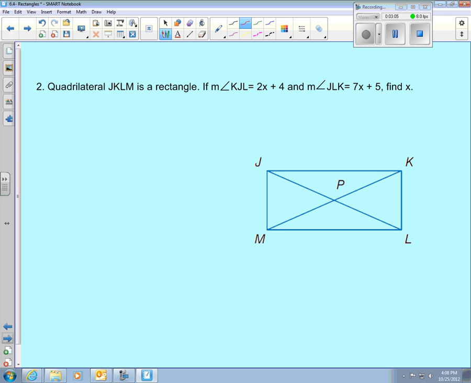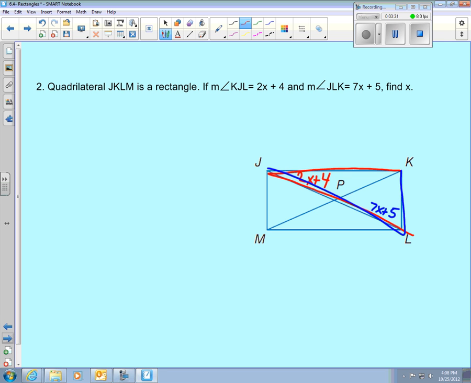It says quadrilateral JKLM is a rectangle. If measure of angle KJL is 2x plus 4, and the measure of angle JLK is 7x plus 5, find x. Well, if I look here, I've just outlined a triangle.